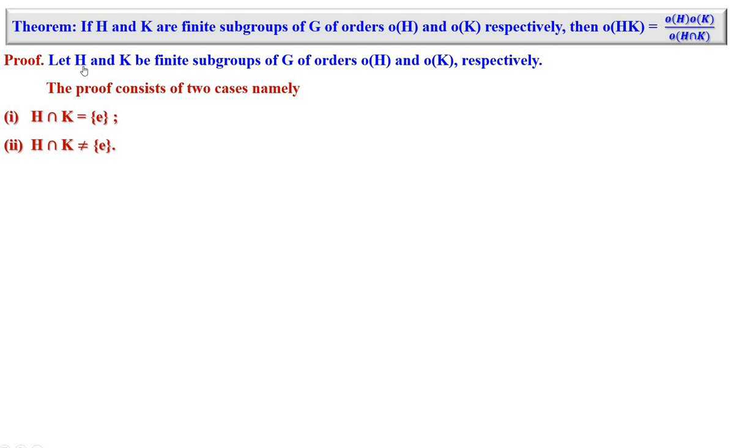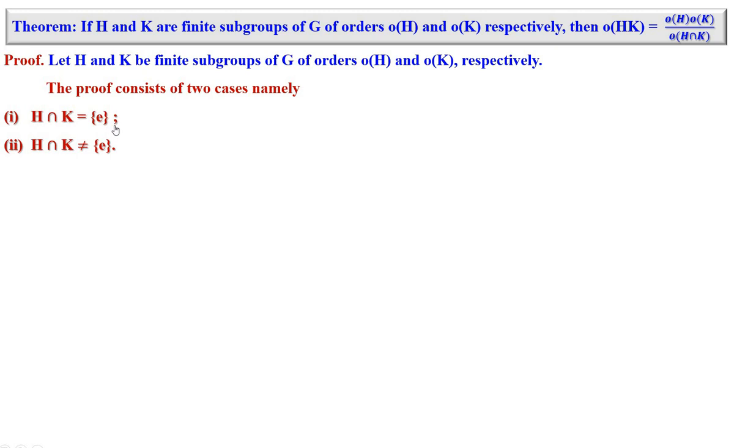Now, first we shall consider H and K to be finite subgroups of G of order of H and order of K respectively. Now, in the proof of this theorem, we are going to have two cases. One is H intersection K is just singleton e, and the other is H intersection K is not equal to singleton e, that is, it has more than one element. We had in the first illustration H intersection K consisting of only singleton e.